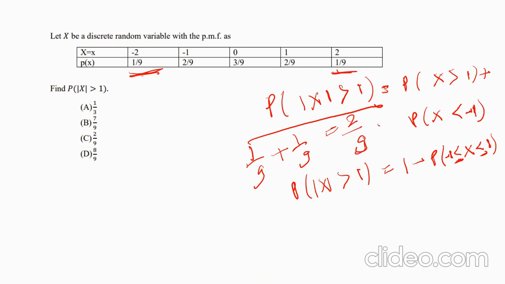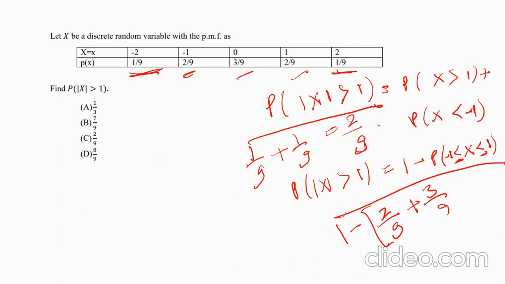In the second one, the probability of mod x greater than 1 is 1 minus the probability of x from -1 to 1. So it will be 1 minus 7 by 9, which is also 2 by 9. So either way you can solve this.